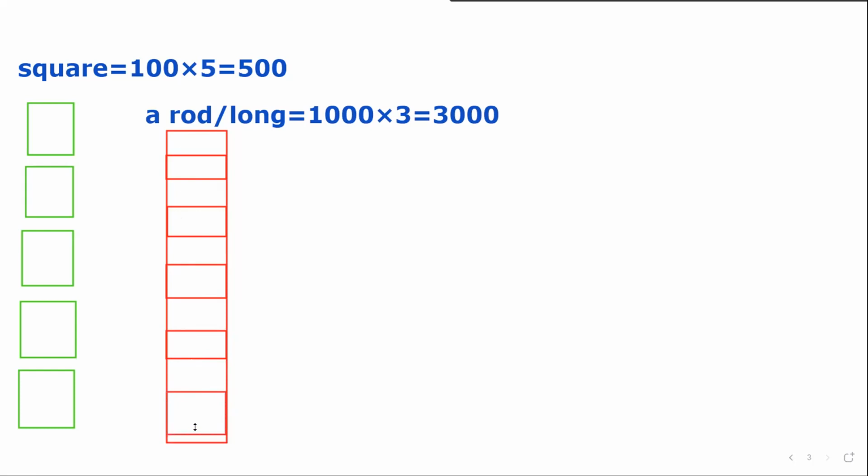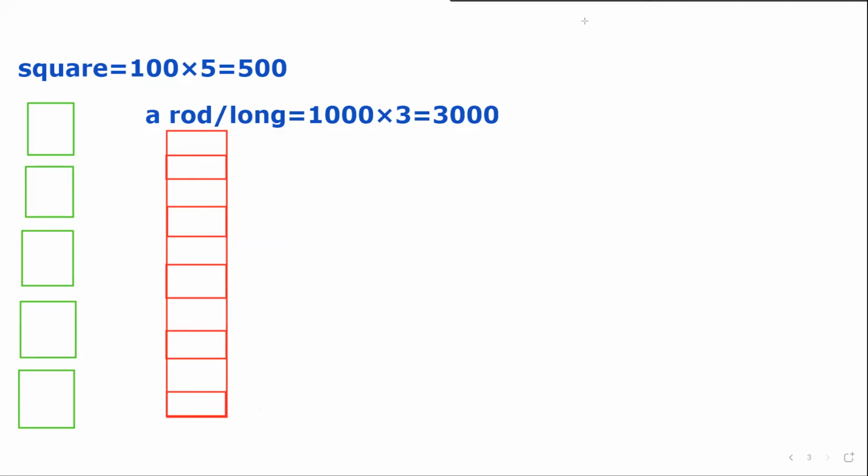Let me put this one in. Now, 1, 2, 3, 4, 5, 6, 7, 8, 9, 10. So this is one rod. Okay.